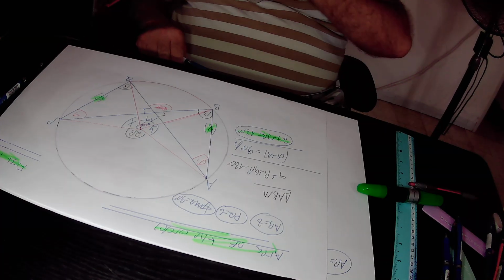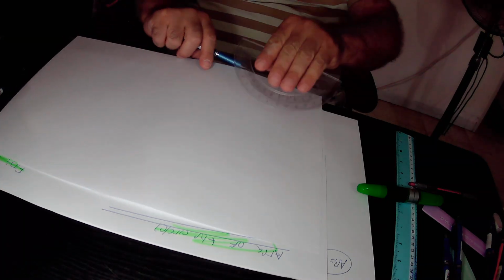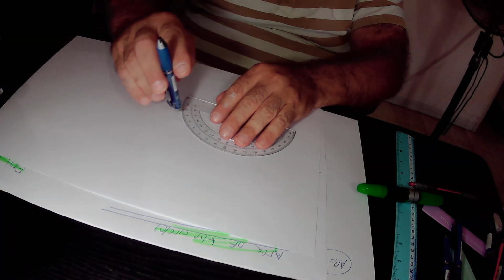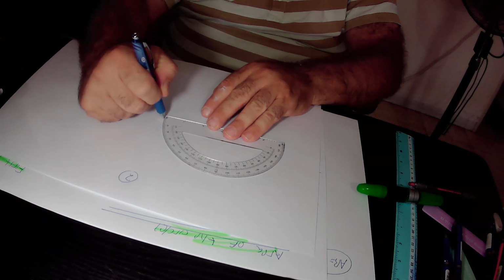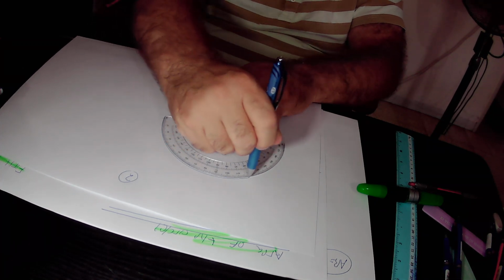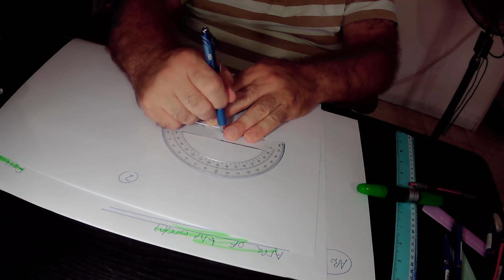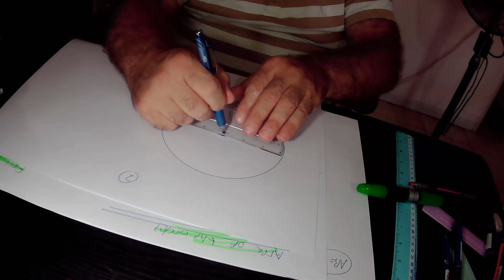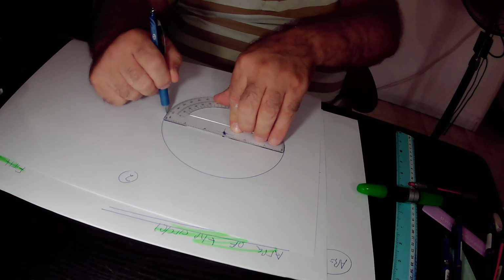So I'll draw this circle again. The circle has the same radius, it is exactly the same circle.